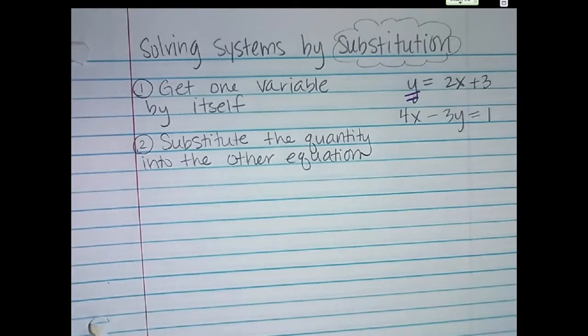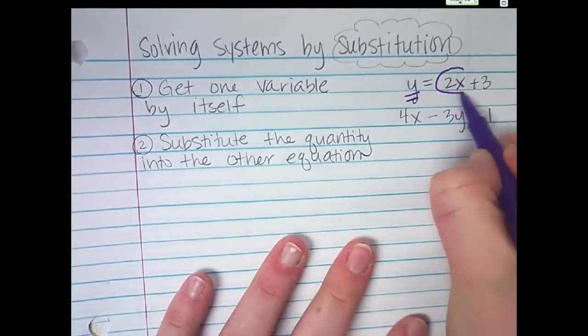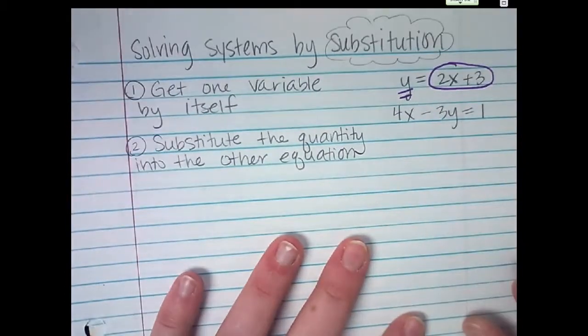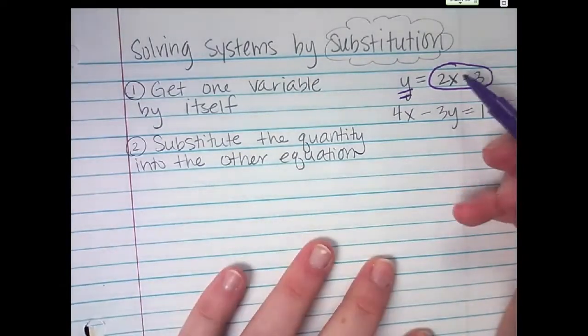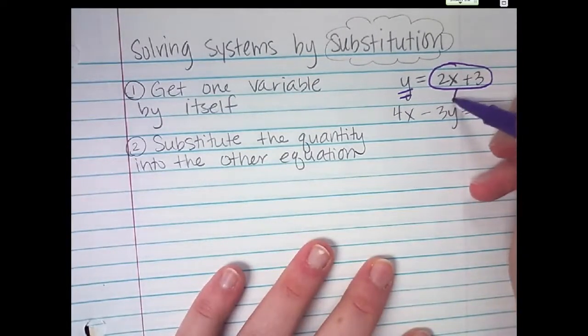So if y equals this, I'm just going to circle this whole thing. It doesn't matter what it is. It could be a single number. It could be a huge thing. This is just two different terms. And I'm going to substitute into the other equation into this y.